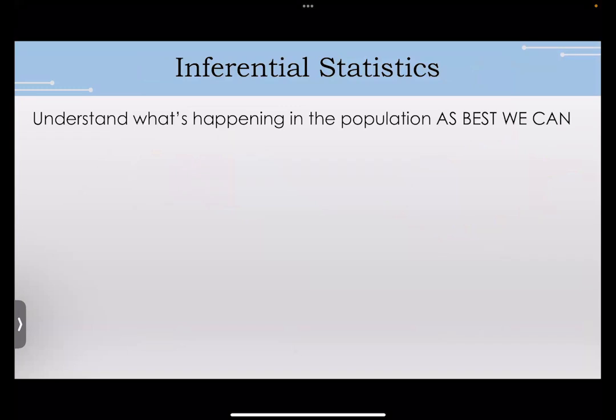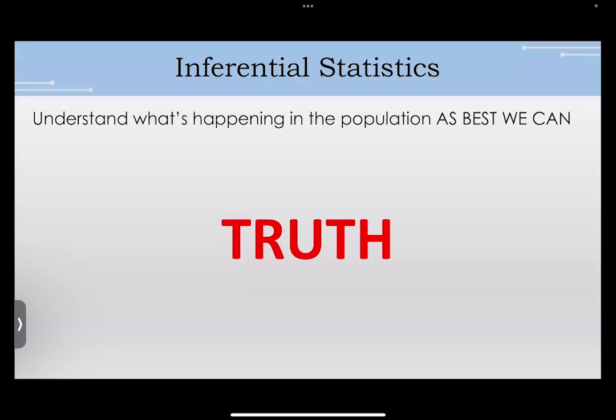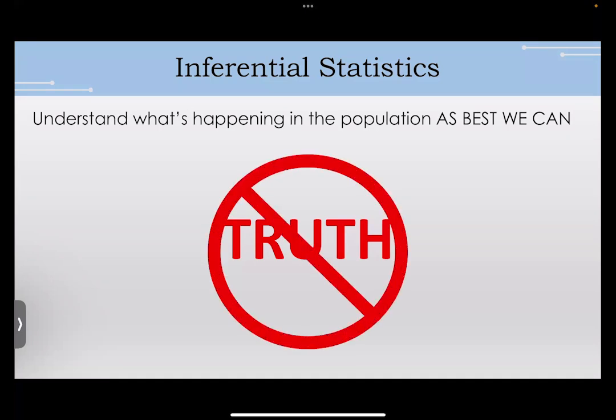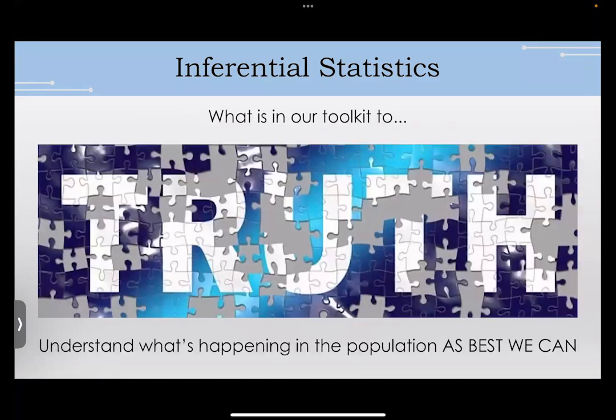So the goal of inferential statistics is really to understand what's happening in the population as best we can. The reality in stats is that there's no such thing as knowing the truth about what's happening out in the world. Instead, it's figuring out all the things that we have in our toolkit to understand what's happening. We never have all the puzzle pieces.